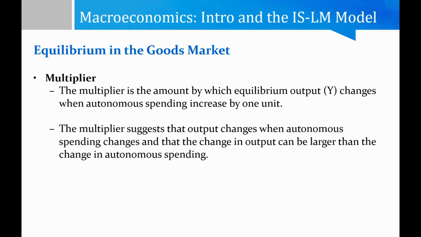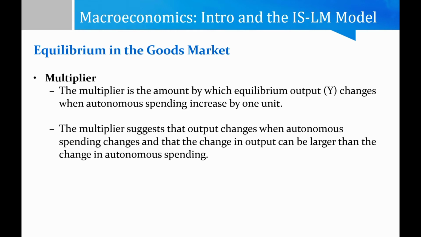The multiplier is the amount by which equilibrium output, or Y, changes when autonomous spending increases by 1 unit. The multiplier suggests that output changes when autonomous spending changes, and that the change in output can be larger than the change in autonomous spending.